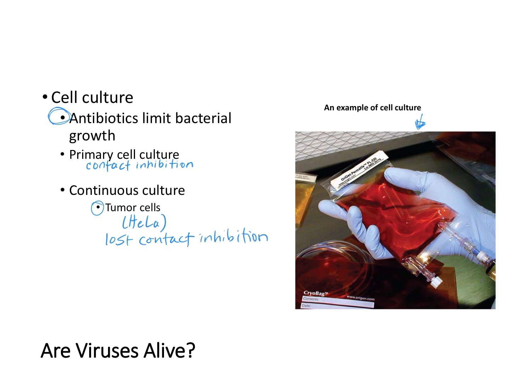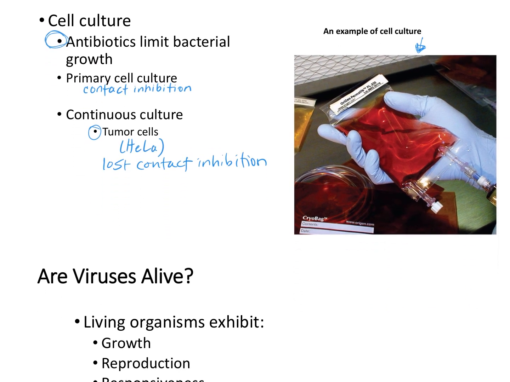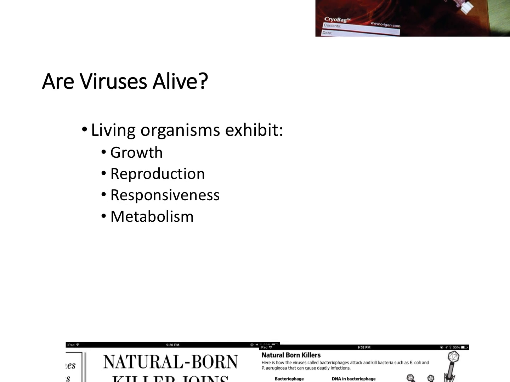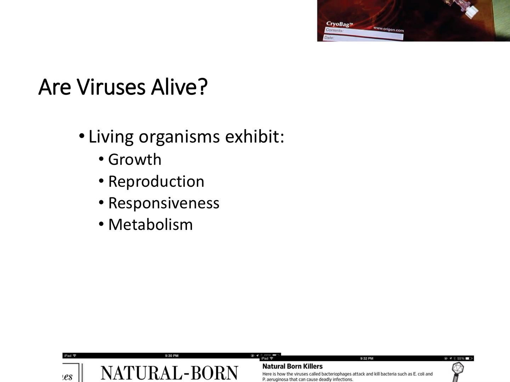So basically, they can be grown in suspension, and they'll pile up into clumps, kind of like tumor cells were, and they'll just keep growing and growing and growing indefinitely. So that's kind of a handier way, I guess, if you're studying viruses. That's pretty much what I want to talk about for viruses.